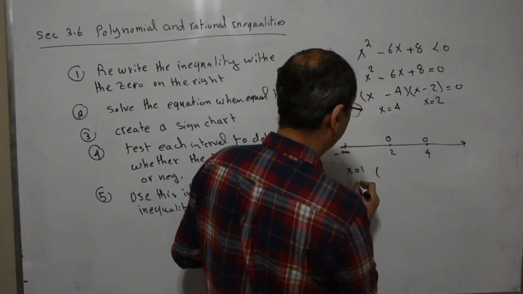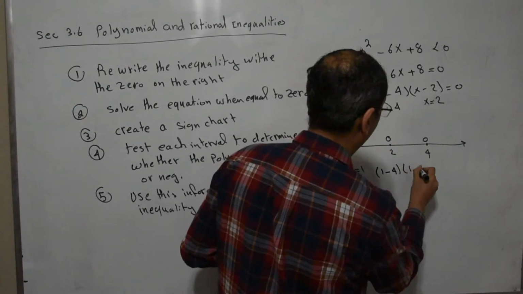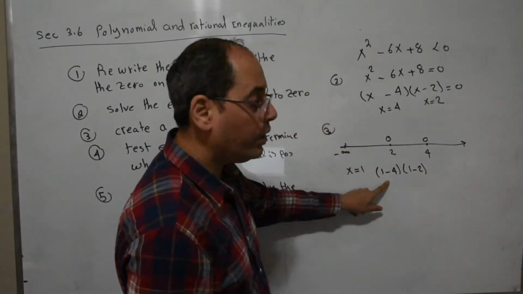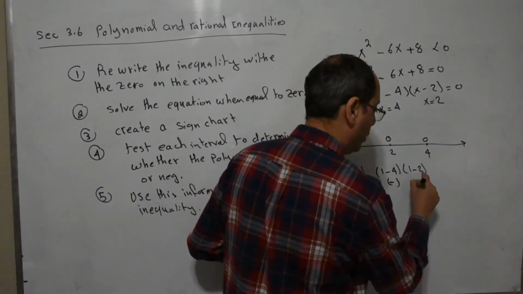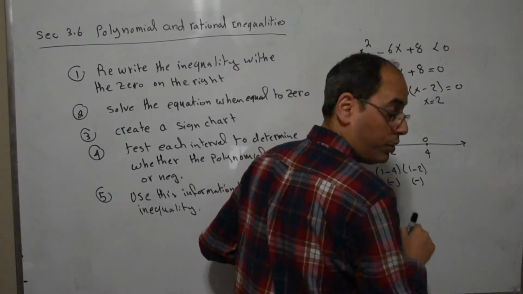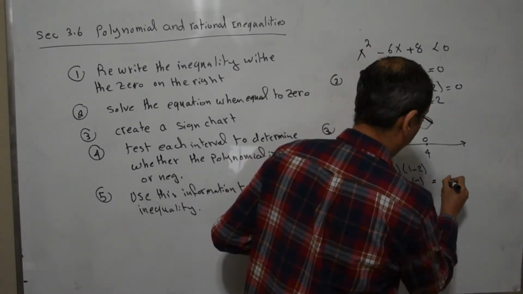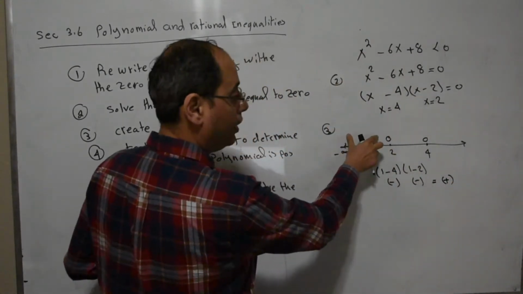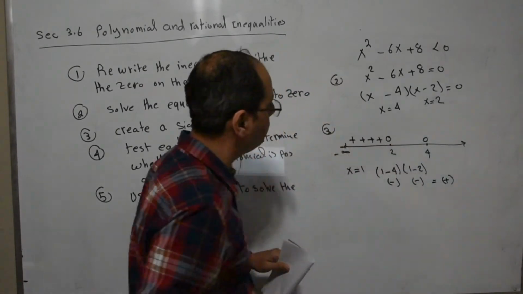Since x is 1, I have 1 minus 4 times 1 minus 2. So I know that 1 minus 4 is negative, and 1 minus 2 is also negative, because 1 minus 2 is negative 1, and 1 minus 4 is negative 3. So negative times negative is positive. Therefore, in this interval, I have positive.